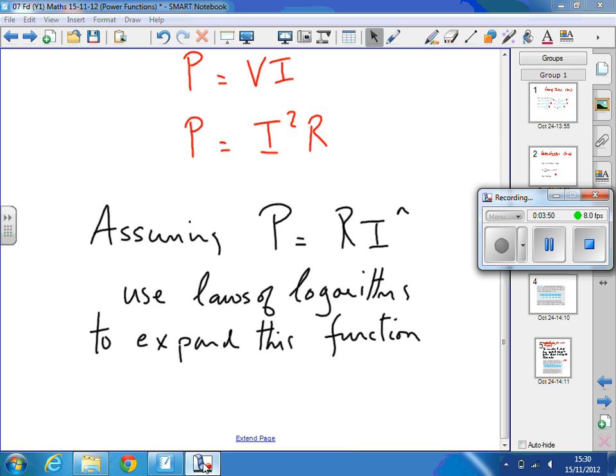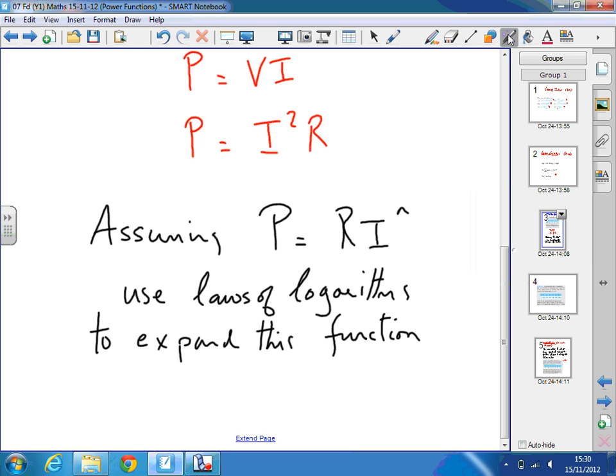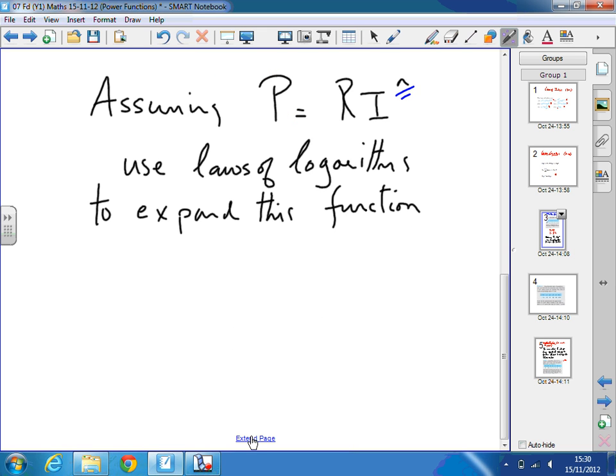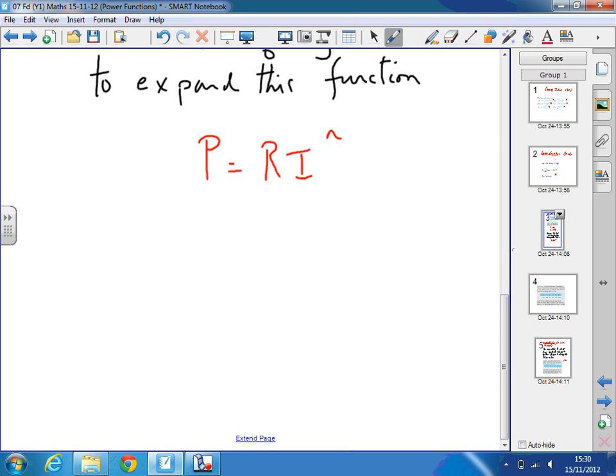And as we were doing last week for solving indicial equations, we find the logarithm of both sides. The whole point is to try and get this power down to become a multiplier. So we find the logarithm of both sides, like we were doing last week. So we take our P equals R I to the n, and we take the logarithm of both sides.